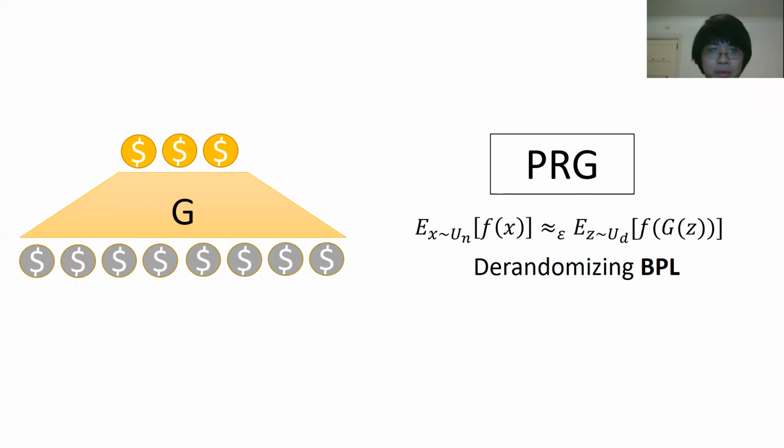So a pseudorandom pseudo-distribution is actually pretty similar to a PRG. But in a PRG, we are approximating the expectation of F by computing the average of F on the generator outputs. And because we are able to approximate the expectation, we can derandomize BPL.